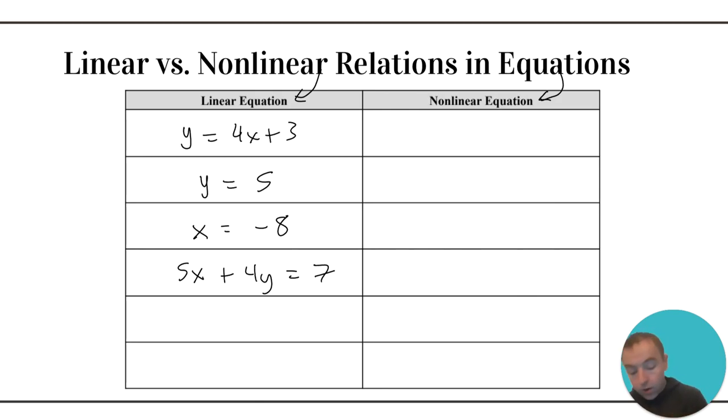We should also recognize things that are not going to be linear equations. So if you have something like y equals 3x squared plus 4x minus 5, that is going to be non-linear. And the reason why that is right there is because you have an exponent on the x. So just be careful about that aspect right there. If you put x into some sort of radical, like a square root or something like that, in this case I put a cube root, that's also not going to be linear.